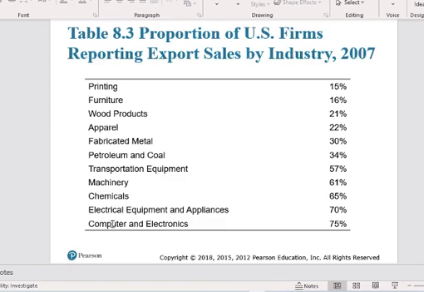Then equipment, chemicals, machinery, and transportation equipment, including buses, cars, airplanes, Airbus, Boeing, those kinds of big items. Computers, think about Microsoft, HP, Dell, Apple.